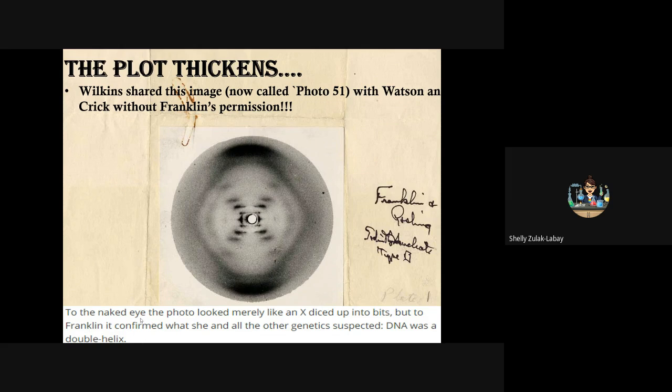Also around the time, we're going to hear in the HHMI video that Watson and Crick did attend a lecture that Rosalind Franklin gave, but they didn't take any notes about what she was presenting, so they actually forgot about what she said. And then when Wilkins showed pictures, it was like, oh, the light bulb. Oh yeah, that's what she was talking about, and that gave them what they needed to create their model.